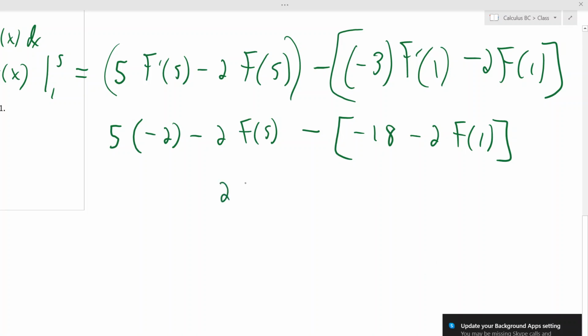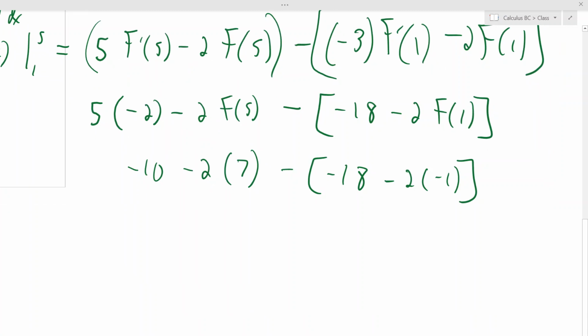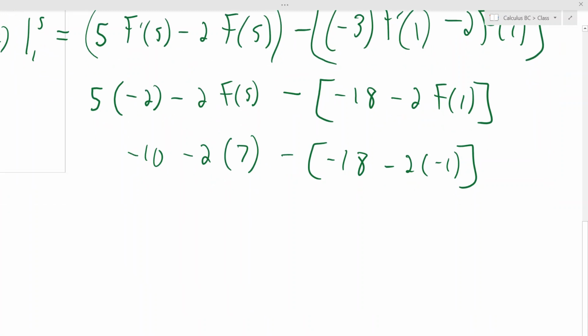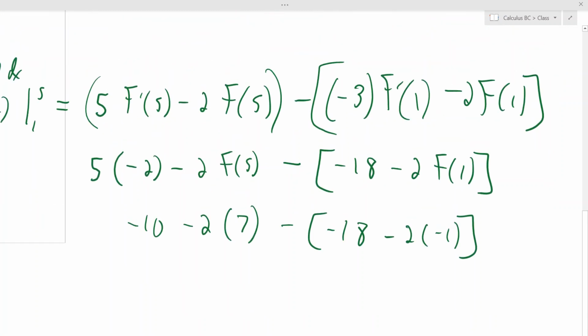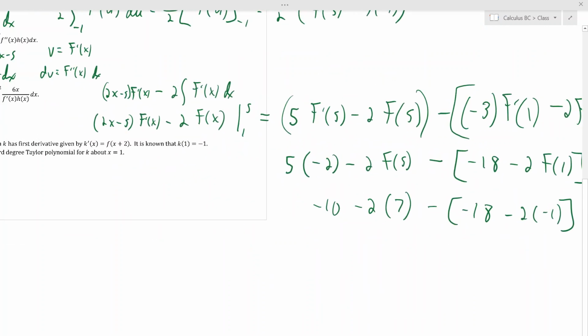So this is 7, this is -10, minus -18, and f of 1 was -1, we said. We could also find the area under that graph, but we can simplify that out. That's what that answer is going to be. That's kind of an extra stretch to find those values. I think the AP test would set you up a little easier in finding those.